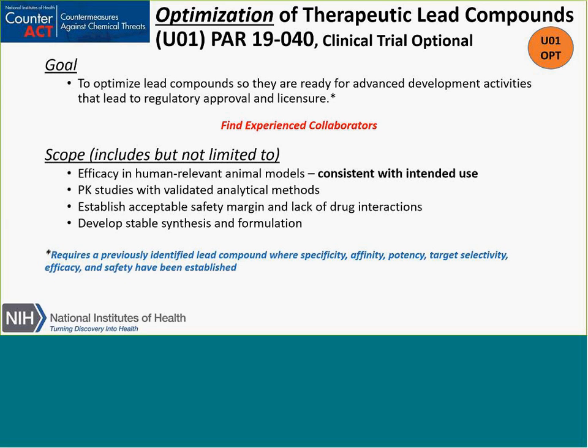It requires efficacy in human-relevant animal models consistent with the intended use in humans, PK studies with validated analytical methods, an acceptable safety margin and a lack of drug interactions, and development of stable synthesis and formulation.